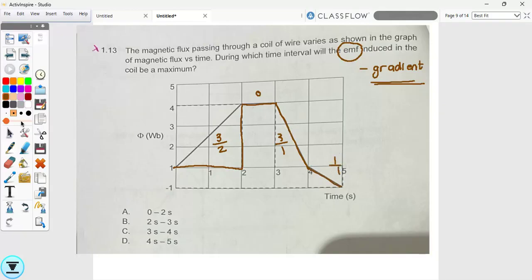So this one is definitely going to be the winner because it's the steepest one. And that would give you then from 3 to 4. Does it make more sense now after having done that other one?